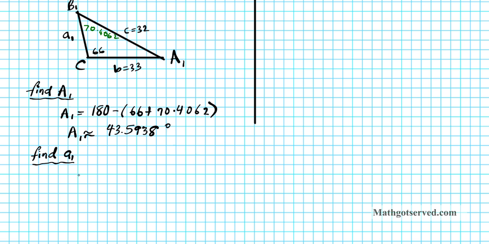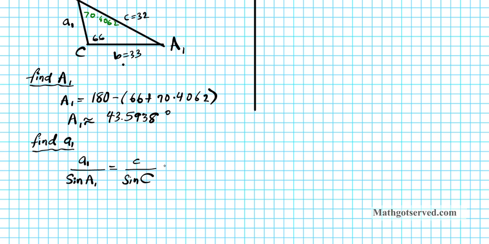We're going to use a1 over sine big A1 equals, the complete pair with C is a nice one, what was given to us originally, so that'll be an optimal choice, little c over sine big C. If we apply the measures that we have in this triangle to this formula, that implies little a1, what we're looking for, over sine A1, which is 43.5938, equals little c, which is 32, over sine big C, which is 66.